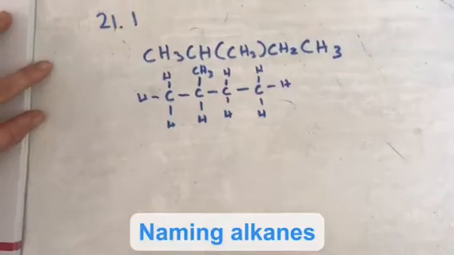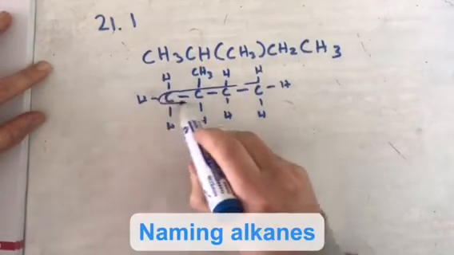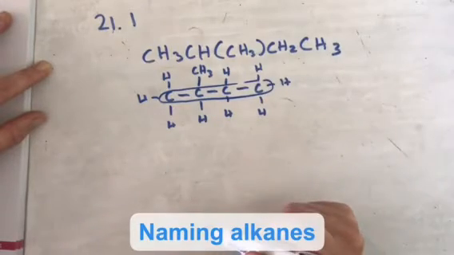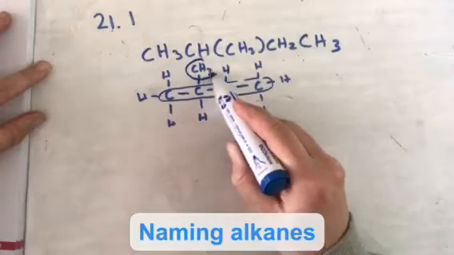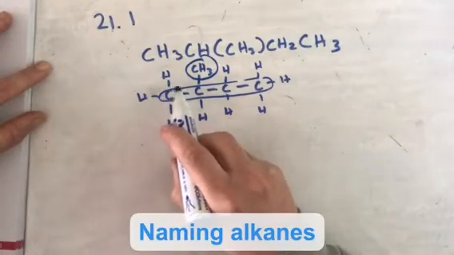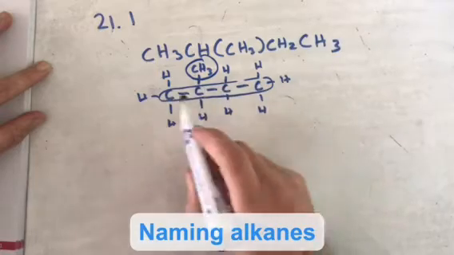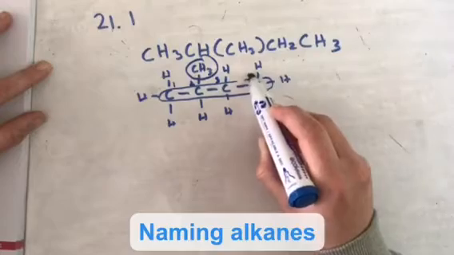Okay, so let's remember, for naming these guys, you have to first of all work out what the longest chain is. So your longest chain here is this. All right, okay, easy enough. And we have to number our carbons so that our substituent here, our methyl group, has the lowest number possible. So we're going to number from this direction here, because that means it will have the number 2 rather than having the number 3 if I numbered it from here. 1, 2, 3, 4.